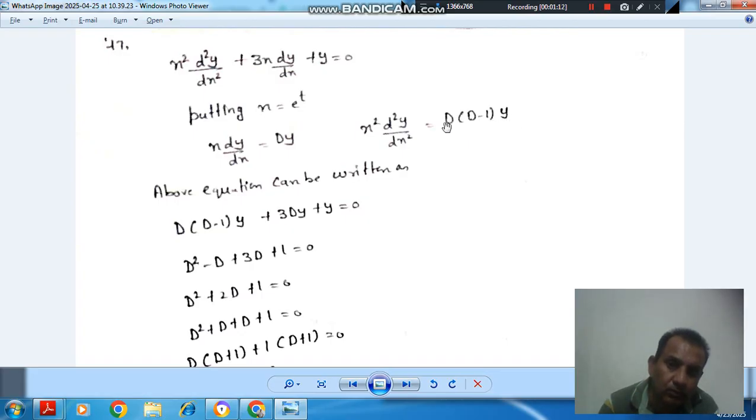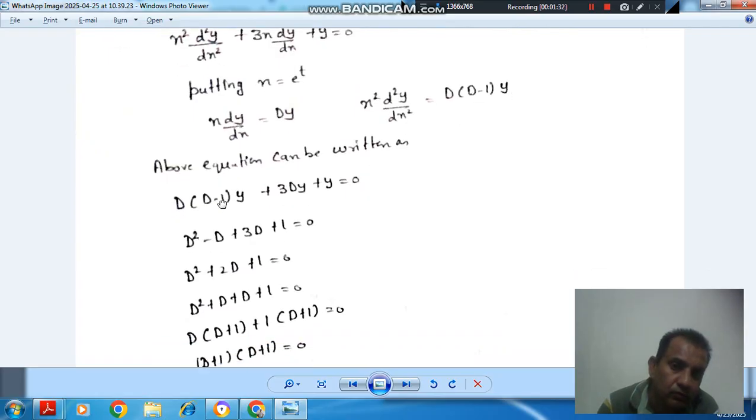There is a long derivation for that, but we are not going into it. Just put these values.